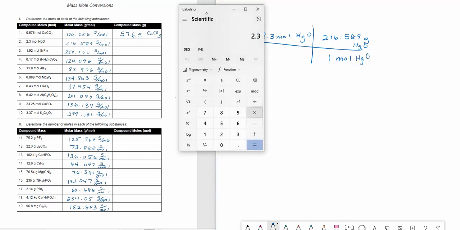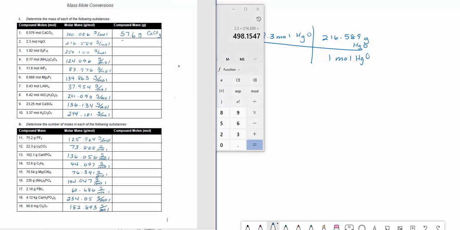So 2.3 times 216.589, and I get 498.15, but I only started with 2 significant digits. I can only end with 2 significant digits. So I would put this in scientific notation and call it 5.0 times 10 squared grams of HgO.